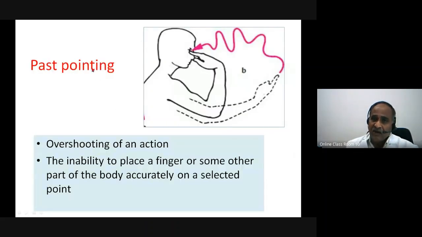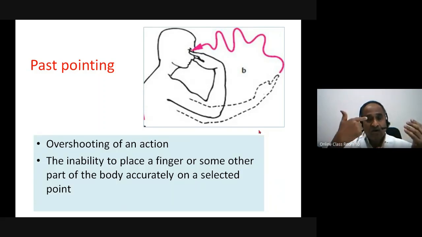Past pointing, as I have already mentioned, is overshooting of an action, and the inability to place the finger or some other part of the body accurately on a selected point which has been asked. In the case of cerebellar patients, you have to be careful, in the sense that the person may hit the eyeball or the eye because he does not have the judgment.